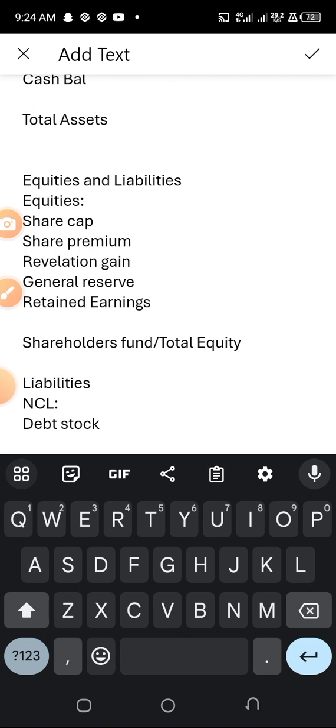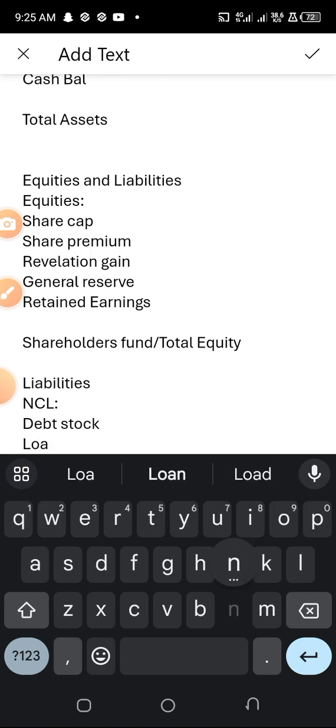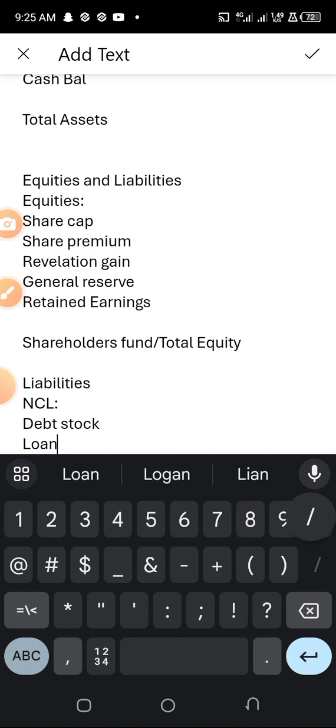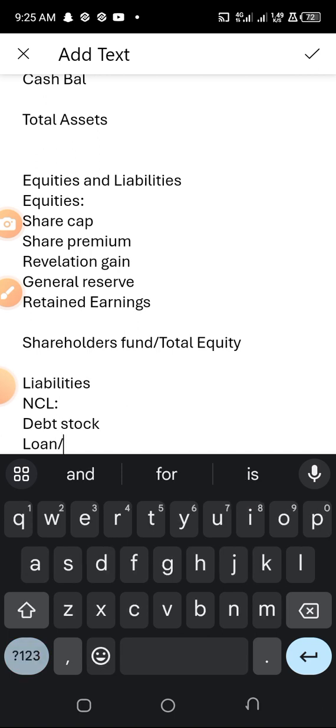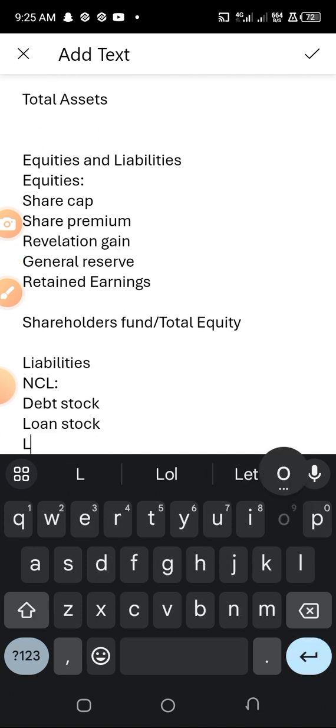There are so many names they can give to it, but whatever name they give, just know that it falls under long-term debt. The second one is loan stock or loan note, whatever they call it. Please just note it.